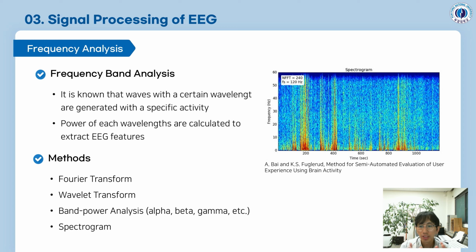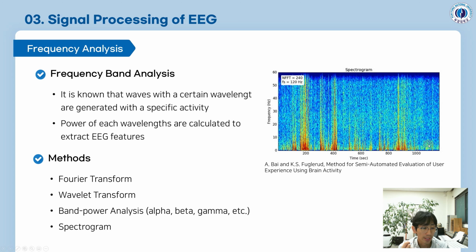So these facts are known to the public, so we can use techniques like the Fourier transform, wavelet transforms, or band power analysis, or spectrogram. The image of this is called a spectrogram.